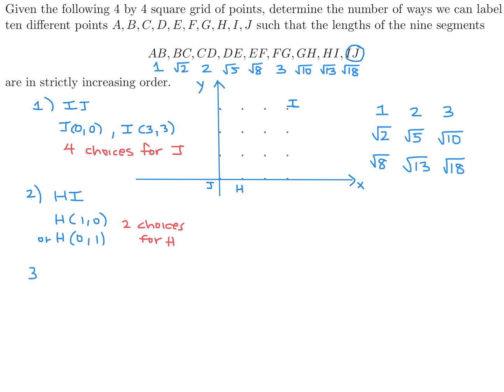All right, keep going. So now number 3 is going to be GH. GH is root 10, right? So that means I've got to put G at 2, 3, if H is here, because I'm going with H being this 1, 0 guy. If it's 2, 3, then G is up here, and that will indeed be root 10.